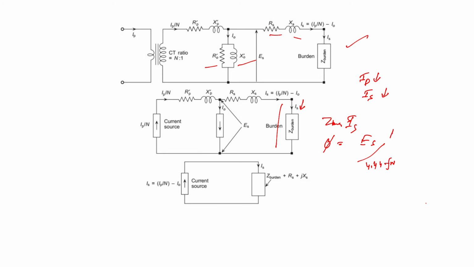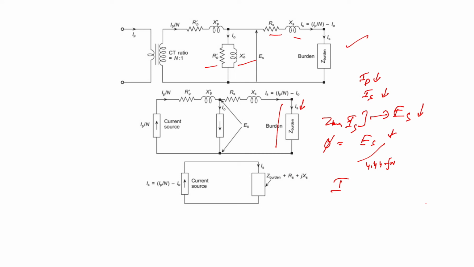So the primary current is low, the secondary current is low, and the voltage ES induced by the secondary, which is approximately equal to Z burden into IS, is low. If this is low, then the working flux is also very low, and as a result, if the flux is low, in that very case the magnetizing current requirement is also very low.